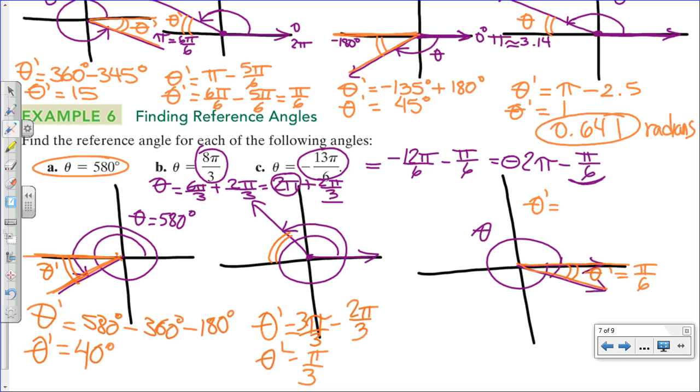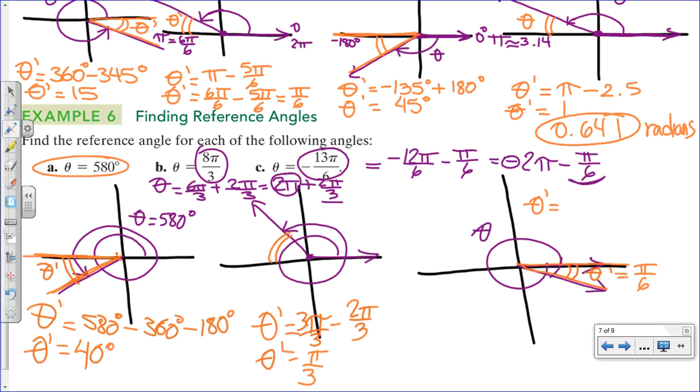Theta prime, we could find it. Let's see. Let's think. Because I don't want to end up with a negative result.